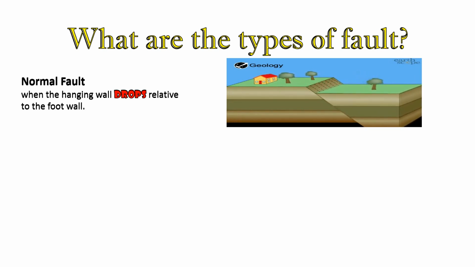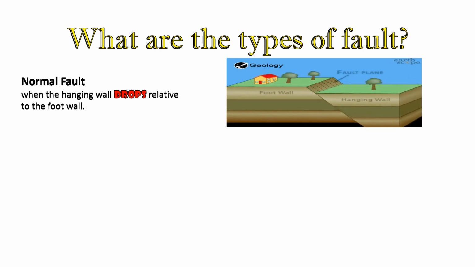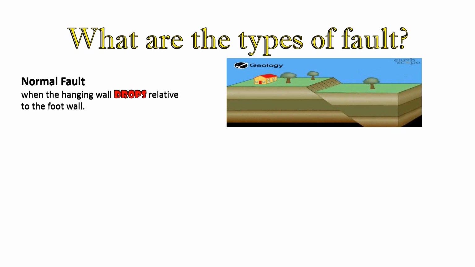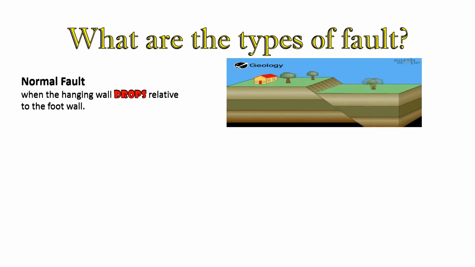Last time, diniscuss natin na ang fault ay merong footwall at hanging wall. We learned that footwall ay isang stationary block ng fault. Samantalang ang hanging wall ay gumagalaw at is either bumababa, tumataas, or nag-i-slide. So, kapag ang hanging wall ay bumaba, that kind of fault is a normal fault.